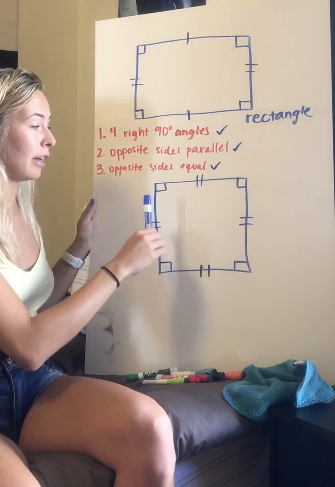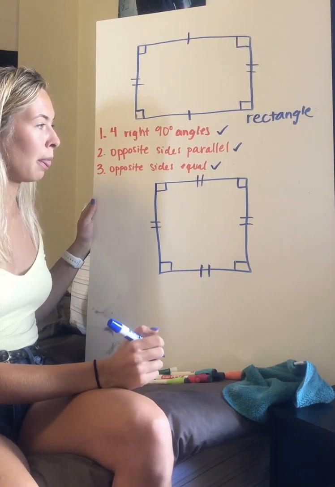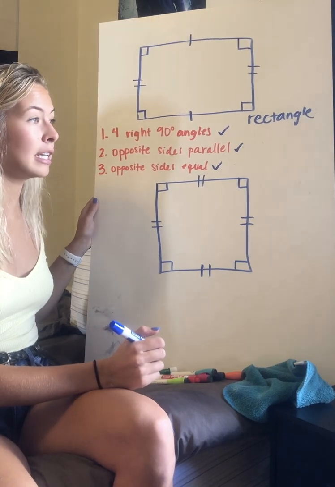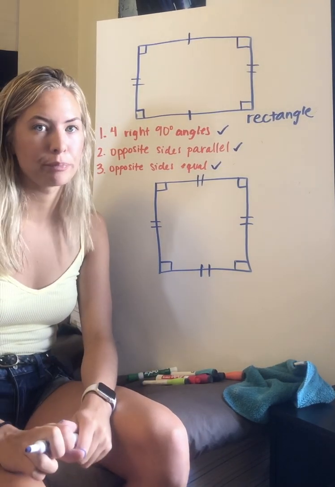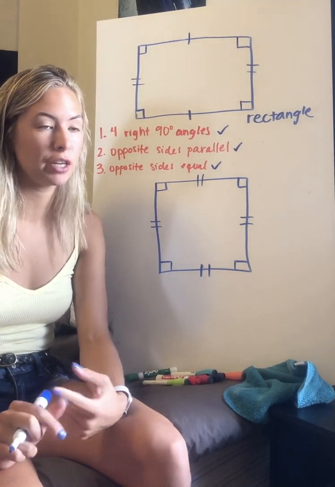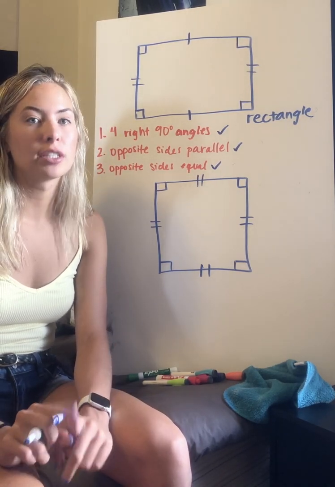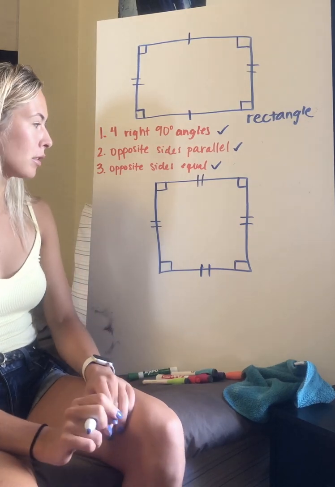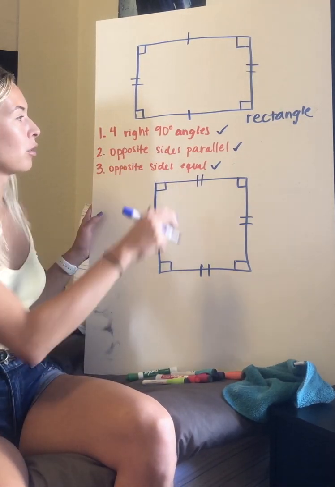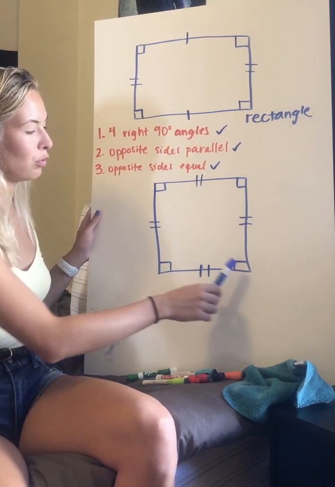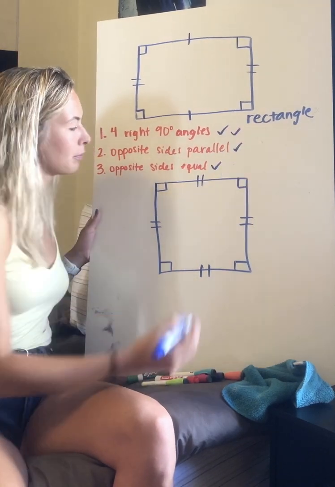So now we're going to look at figure 2, and we're going to see if this figure is a square. So a square is another four-sided figure that has four 90-degree angles, and all sides are equal. Okay, so again, number one, four right 90-degree angles. We have 1, 2, 3, 4. That checks off.